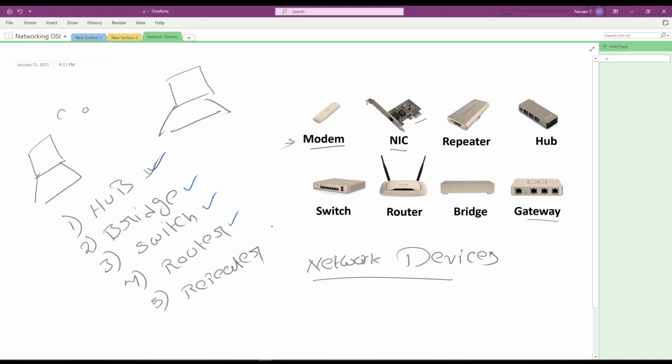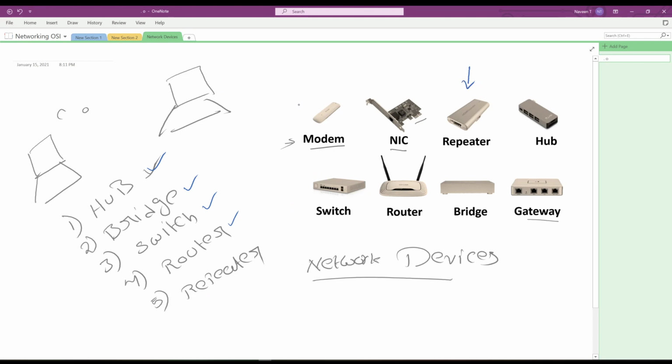Well, let's see what each of these network devices is capable of, what these network devices do. First, take a repeater. What does a repeater do?